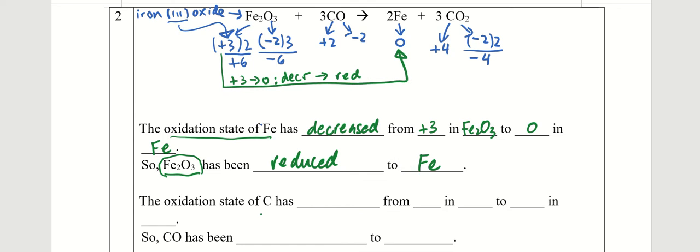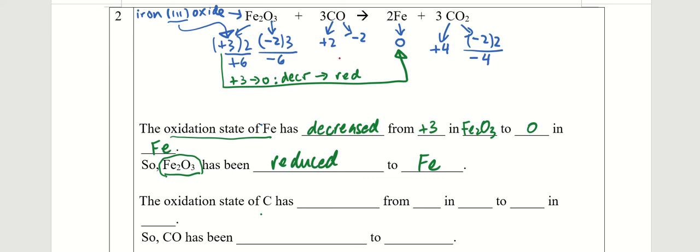Okay, so now if iron(III) oxide has been reduced, something must be oxidized. So let's take a look at the other elements and see what other element has changed its oxidation number. The oxidation state of oxygen didn't change, it was -2, -2, -2.